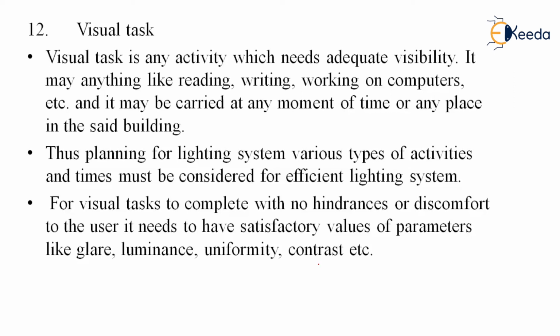Let's see. A visual task is an activity which needs adequate visibility, that is, an adequate amount of light. We can see anything in a low amount of light, but if we want to read, we will require a little more light. At the same table, if we want to do an operation on some person, it will require more light.